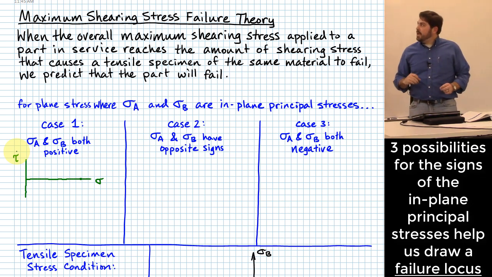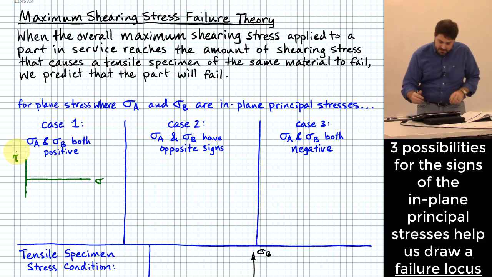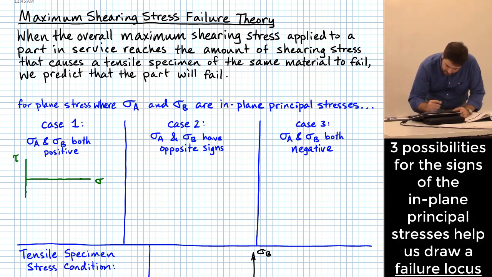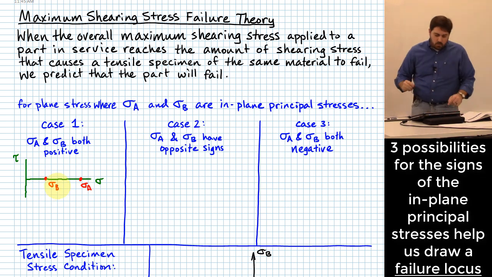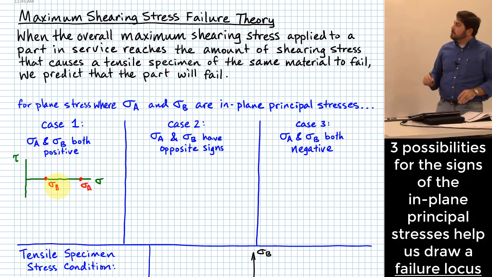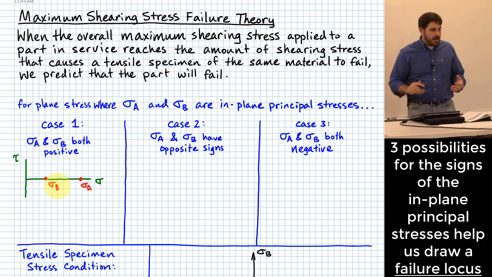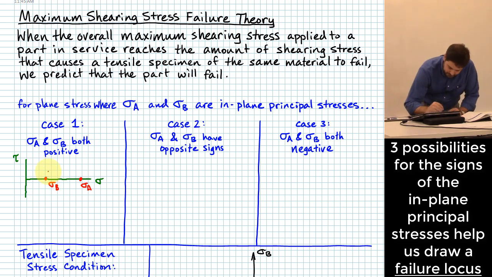And so if we have sigma A and sigma B being my in-plane principal stresses, I can plot those, and one might be bigger than the other. So let's say sigma A, at least for how I'm sketching this, is bigger than sigma B, but they're both positive. Okay, what would the Mohr circle look like for the in-plane stress? Something kind of like this probably, right?